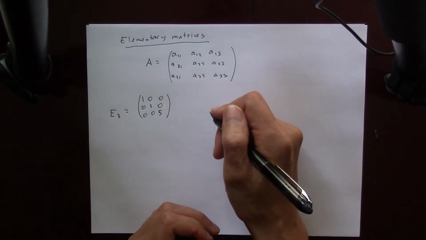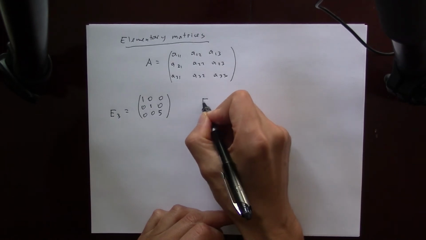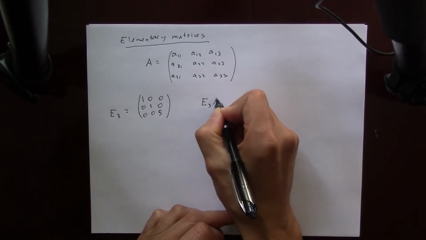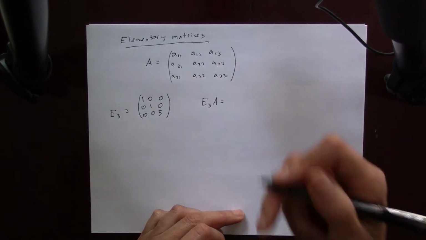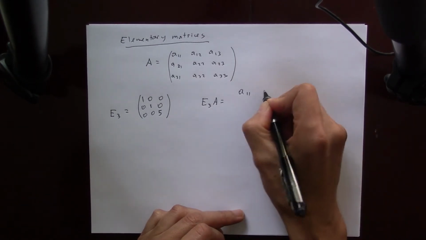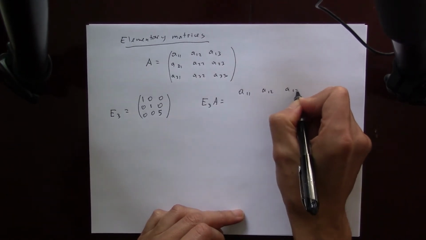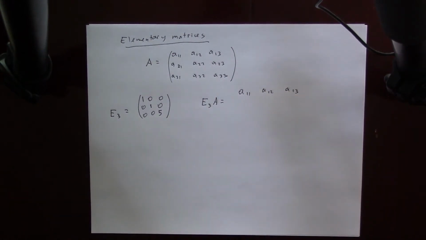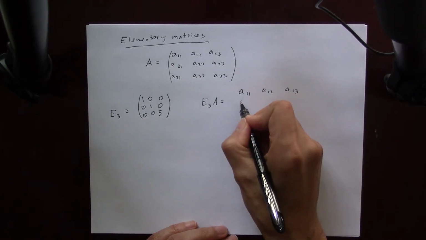And now if we take E3 and multiply by A, row 1 and row 2 are unchanged, since we only changed row 3 from the identity matrix. So when you do multiplication, our first two rows are not going to be changed.